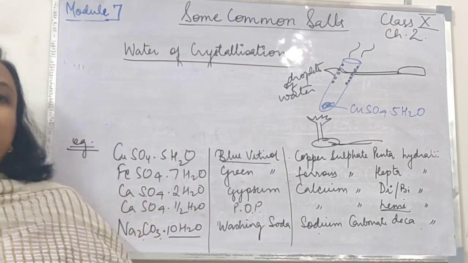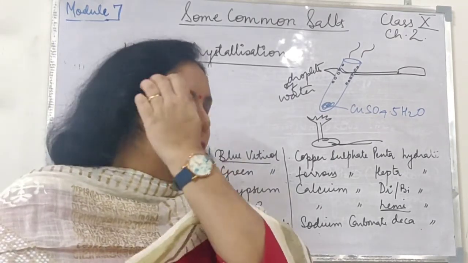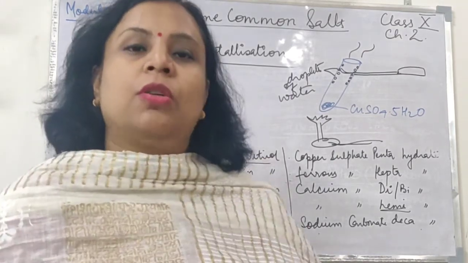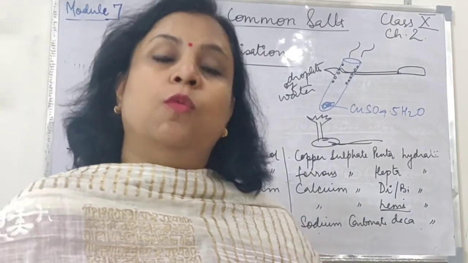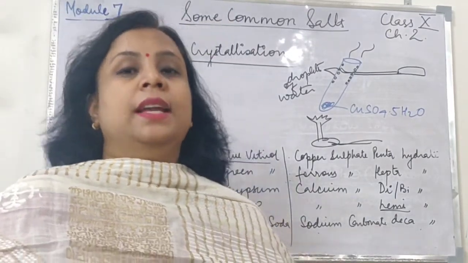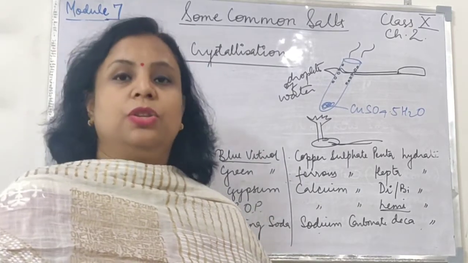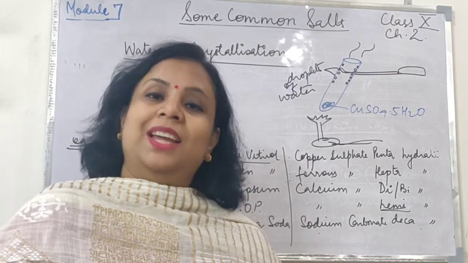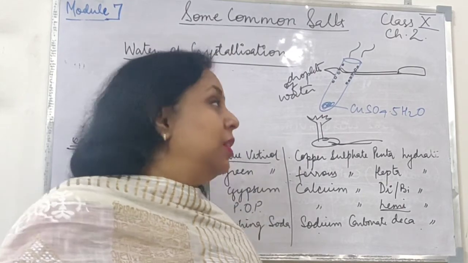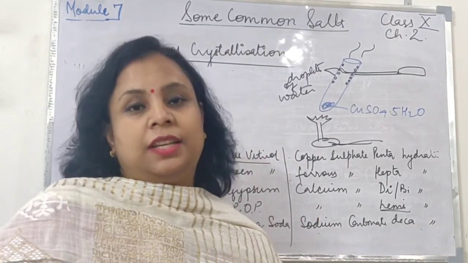Children, today we have come to the end of this chapter. Today we have studied various salts like bleaching powder, baking soda, washing soda. Then we studied plaster of Paris, gypsum, and lastly the water of crystallization.